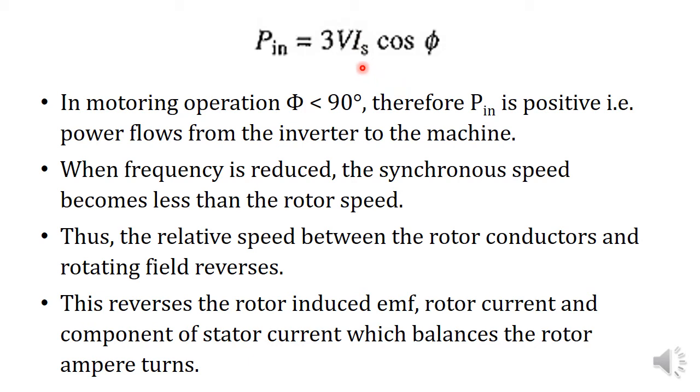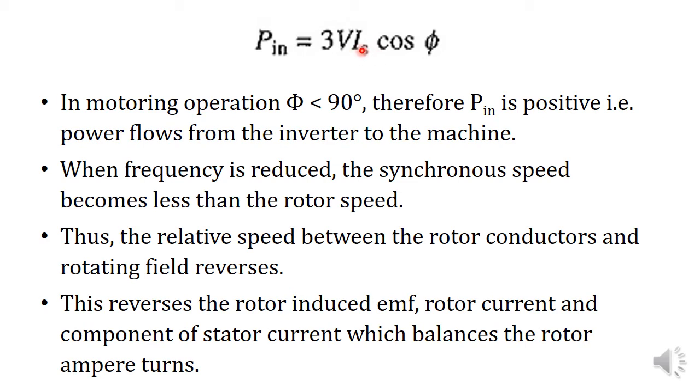If during motoring the angle between V and IS is phi, less than 90 degrees, then when a component of IS becomes negative, a 180-degree change happens for that component of IS.